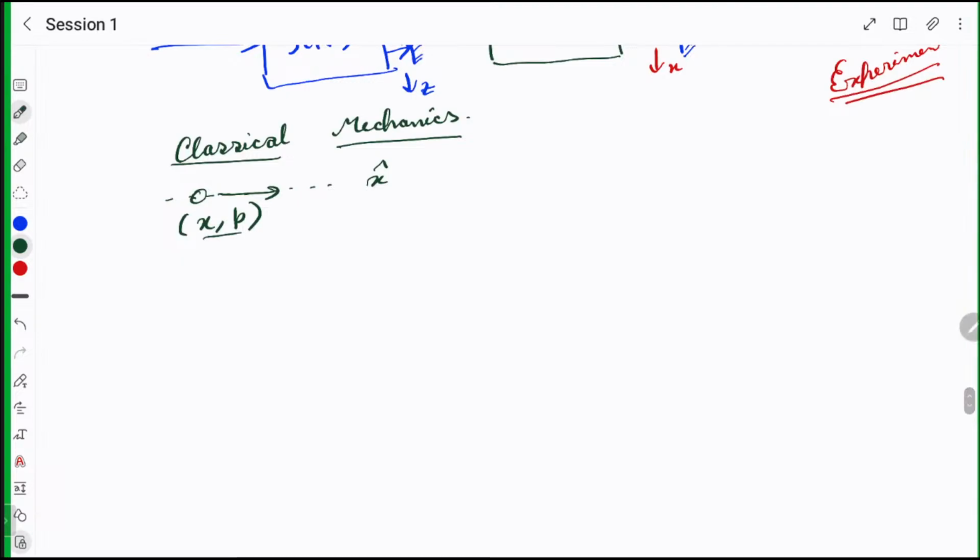So if you just mention the position and momentum of the particle, that tells you the state of the particle. Why am I saying that it's the state? Because this is everything I have to know about the particle.